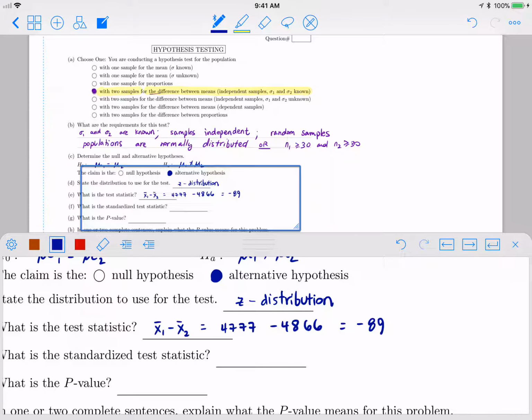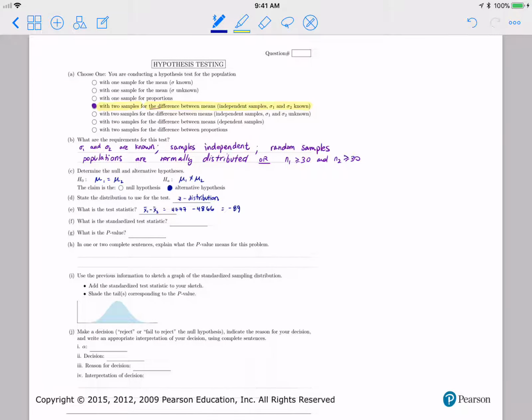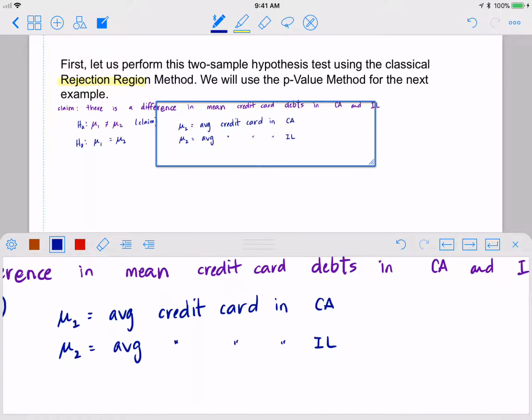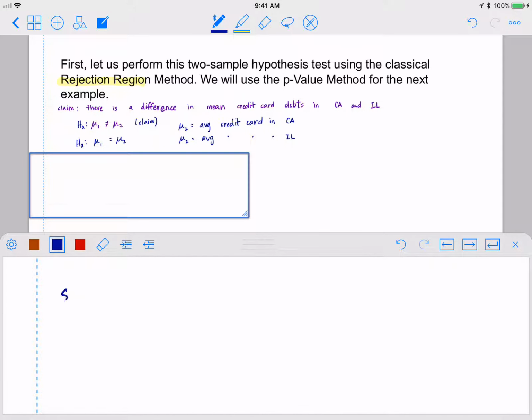Now, what is our standardized test statistic? To calculate our standardized test statistic, which we actually need for doing the rejection method, we'll use the following formula.